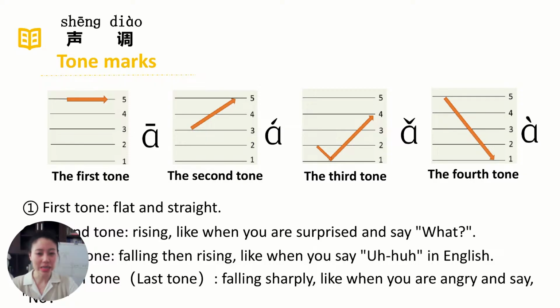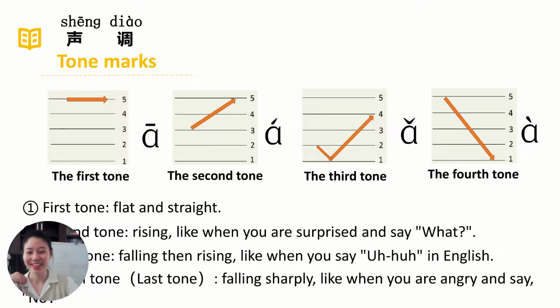In English, when you are surprised, sometimes you will say what, right? You raise your tone to say that. In Chinese, they are the same. So the second tone is like a, a. Any question?